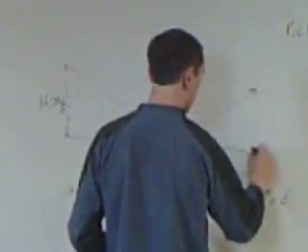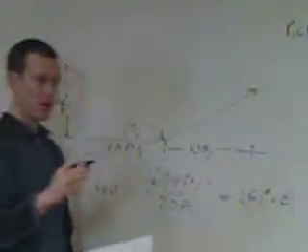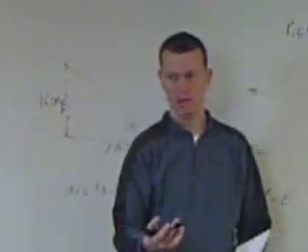In order to determine velocities here, the coefficient of restitution is a relation between velocities. This is not height, this is feet per second. We're doing the velocity vector, the angle of the velocity vector, so our units are feet per second.